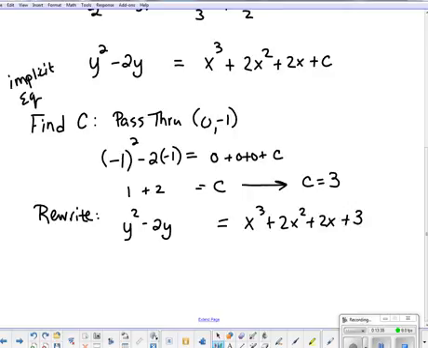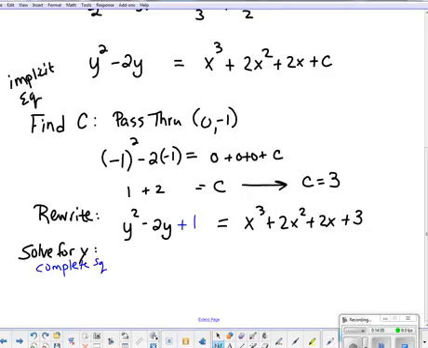Now, in order to solve for y, which I've got this quadratic going, I am going to complete the square on this. So we're going to take that middle term, divide it by 2, and add the square of that result. So -2 divided by 2 is -1, squared is 1. So we completed the square.